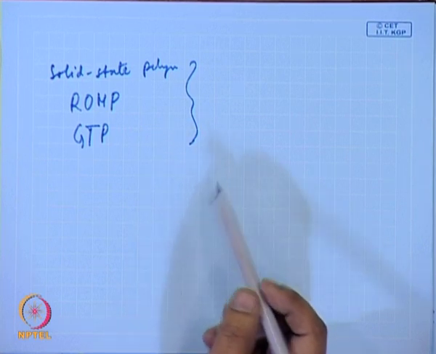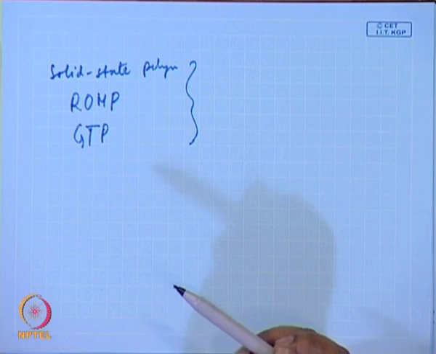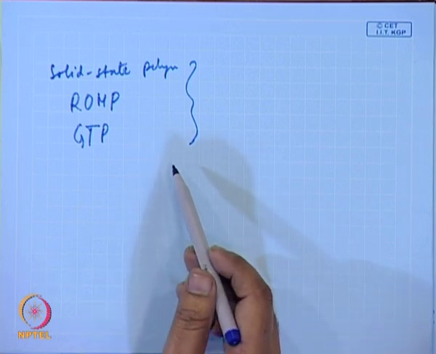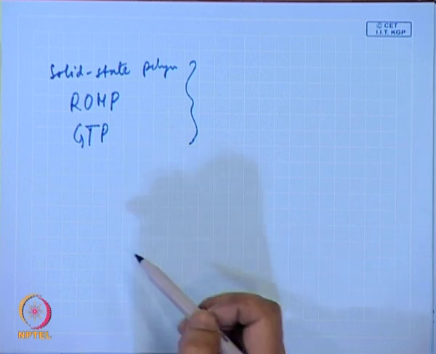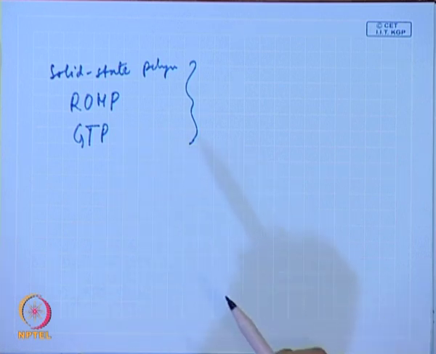So, in a general course like this on polymer chemistry, we are not going into details on these specialized polymerization techniques. You are requested, if you are interested, to go and read or consult a specialized book on polymer synthesis to know more about these polymerization techniques.